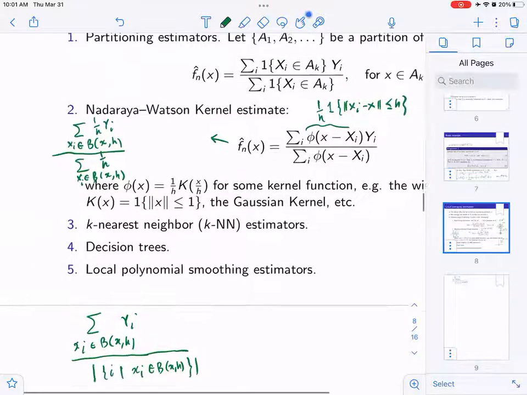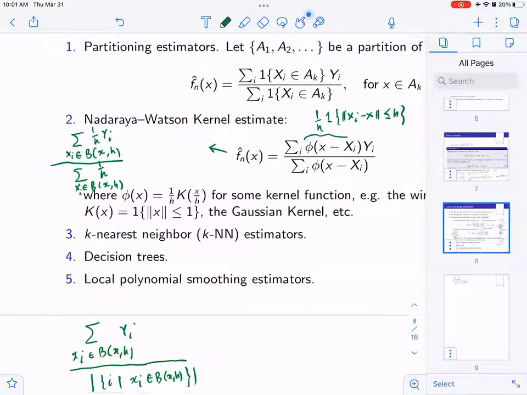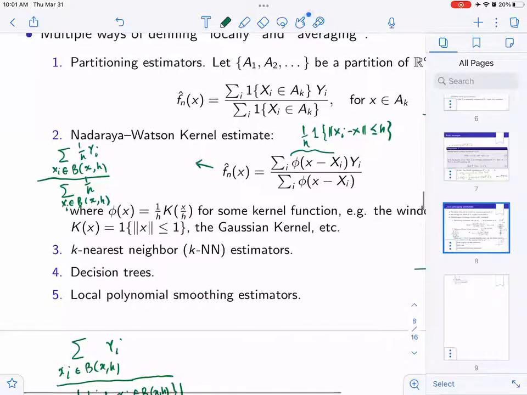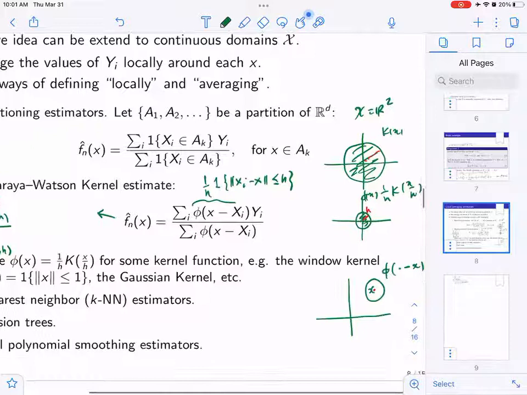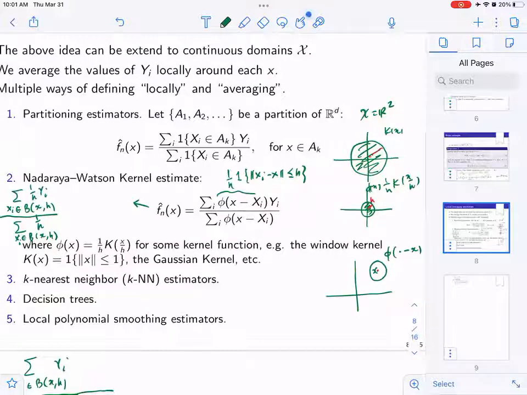And then you can imagine you can change this kernel. This is called the Nadaraya-Watson kernel estimate. This just cuts off everything at radius h, but you can taper down. You could imagine instead of this, you could have a Gaussian here. If this is a multivariate Gaussian, then it would be like putting a lot of weight here, and then the weight shrinks as you go down.